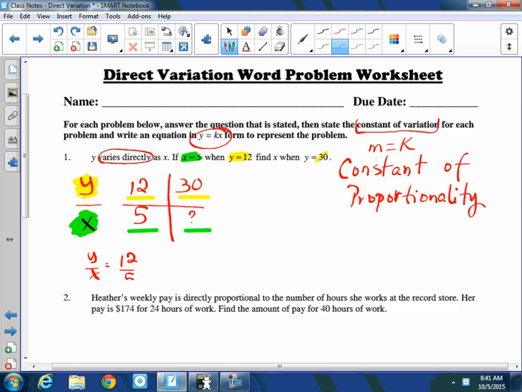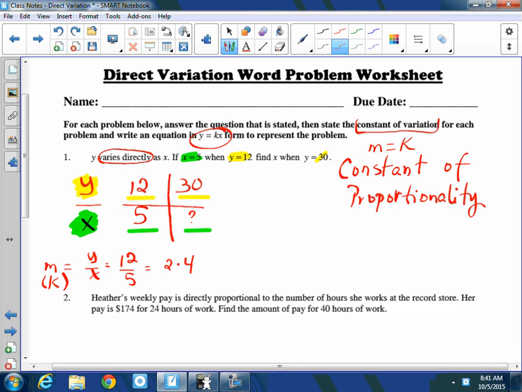That would be 12 divided by 5. What's 12 divided by 5? 2.4. So this is your M, which is the same thing as your K, right?